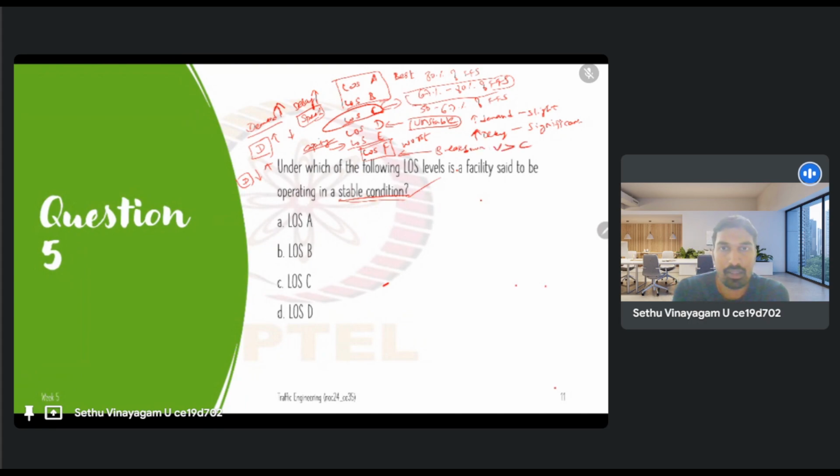Therefore, this facility is no longer able to service the demand level that is coming in, so there will be excessive delays. Among these, C is the level of service where stable condition exists. We are making optimal use of these conditions without compromising too much on the quality.